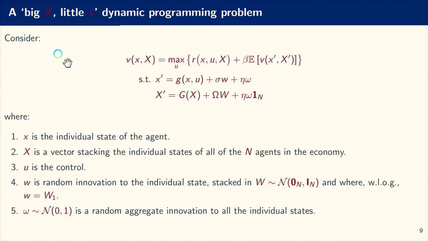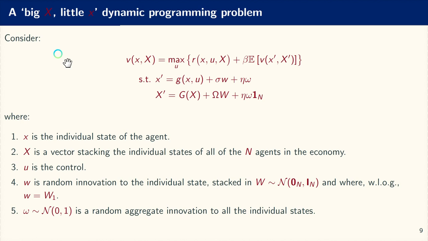And that value function of little x, big X is going to be equal to the max over the control u of a return function that depends on the individual and aggregate states and the control, plus a discounted expected continuation value function, where beta is the discount factor. There is going to be a law of motion for the state of the individual that depends on a function little g, which is a function both of the choice and of the state.